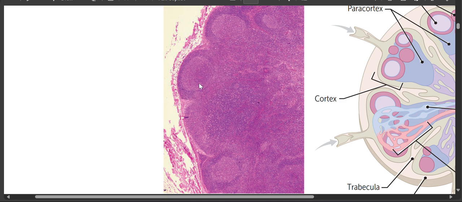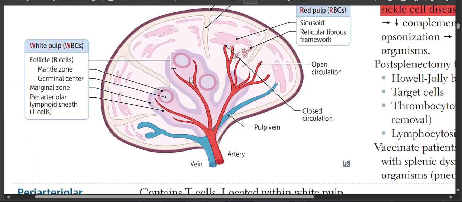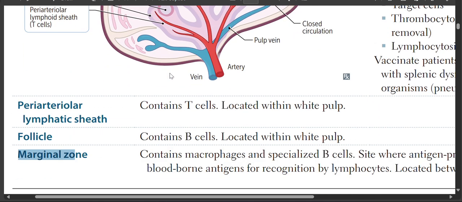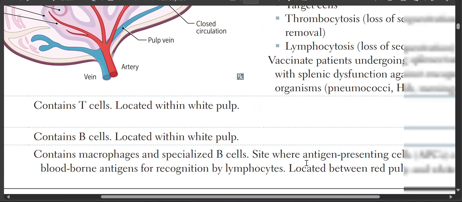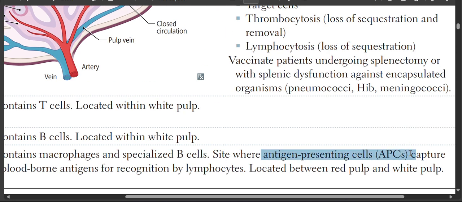This paracortex contains T cells in normal lymph nodes, but in the spleen, the marginal zone will contain the B cells, and also macrophages. This is where the antigen presenting cells will capture the pathogens that I was telling you about.